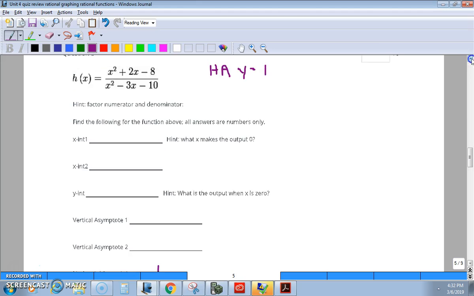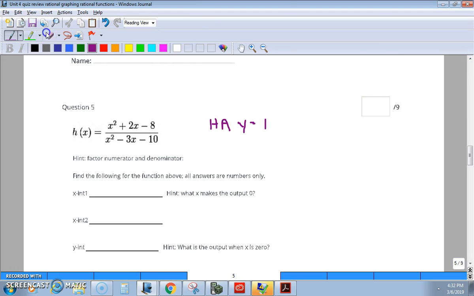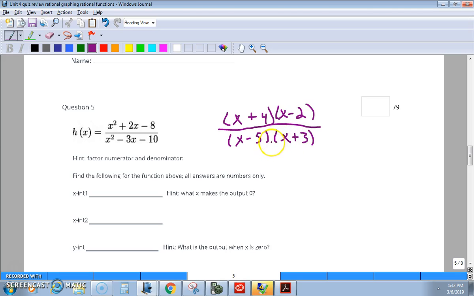Okay, let's go back up and factor. The numerator is going to be two numbers that add up to 2 and multiply together to be -8. How about +4 and -2? So my numerator is x plus 4 times x minus 2. And my denominator, two numbers that add up to -3 and multiply to be -10, is going to be -5 and +3.